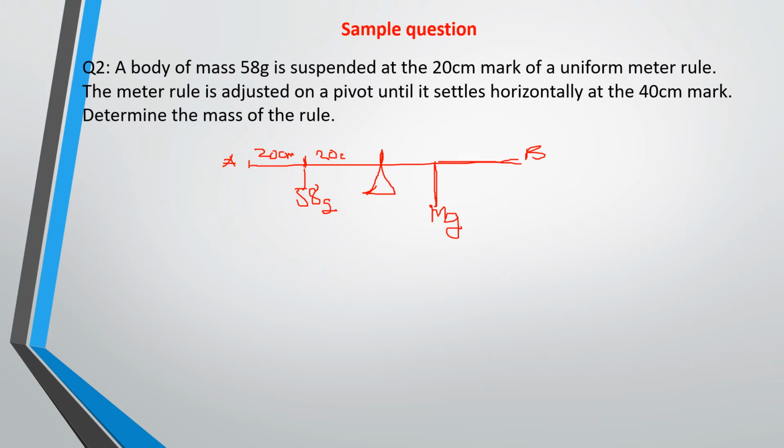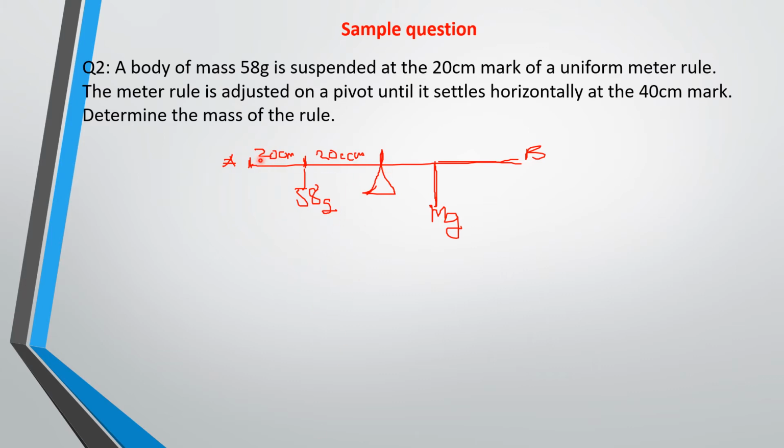Now we are told that it balances at the 40 centimeter mark, so which means that this is your fulcrum. So the 40 centimeter mark is from the zero end, so from here to this point is 40. We have said that from here to here is 20, which is the point of suspension of the mass, then from here to here should also be 20 to make it 40 centimeter.